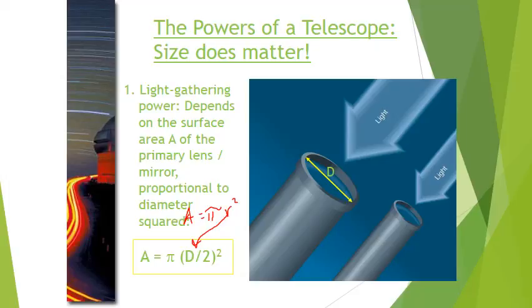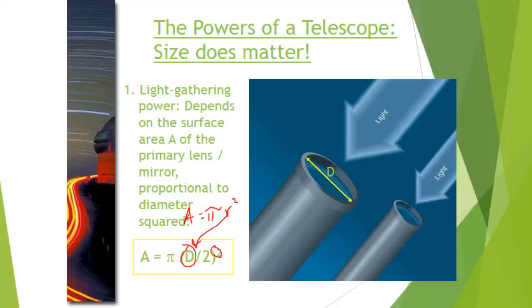But notice the impact when the diameter doubles. By doubling the diameter, you actually quadruple the area. If you triple the diameter, you nine-tuple the area. That's because of the squared factor in the equation.